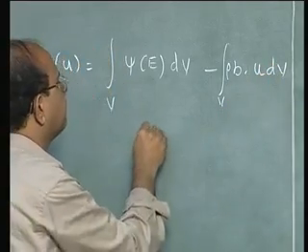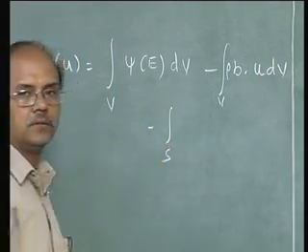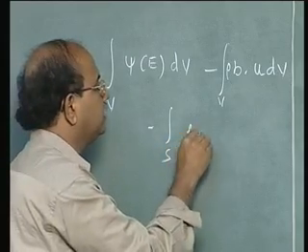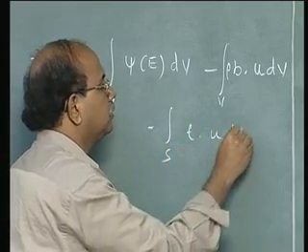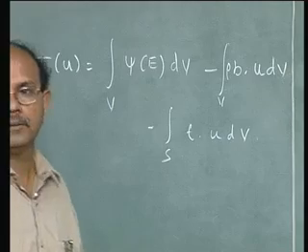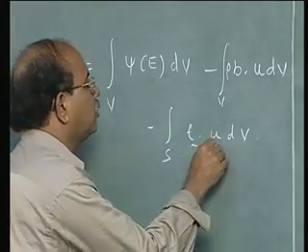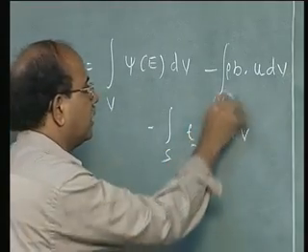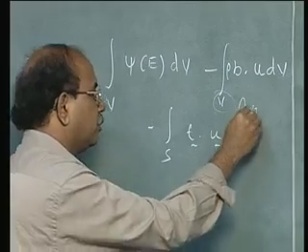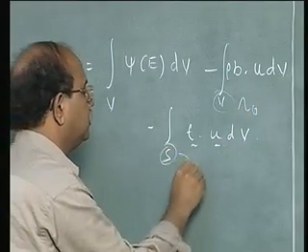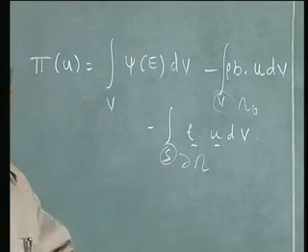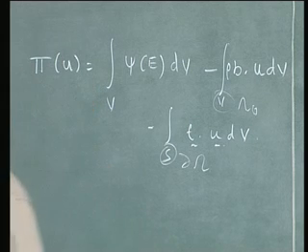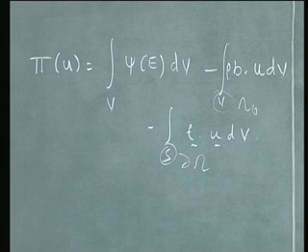So minus integral s, t dot u dv. Note that many times you define this as omega, or omega 0, and this has dou omega and so on. These are some of the symbols that are usually used in many textbooks.